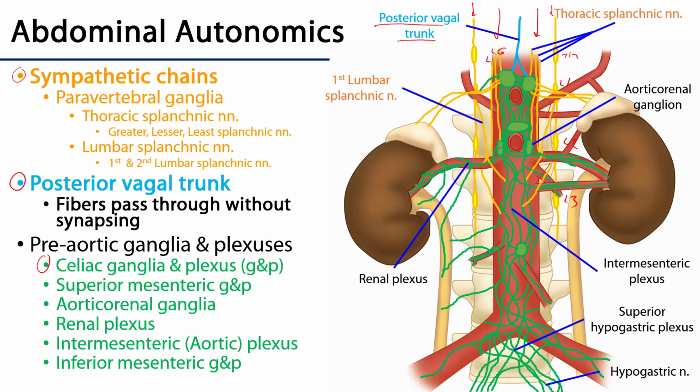We also might notice that these are in association with the arteries here. And so we can see as we come down branches of the abdominal aorta. So for instance, this is the celiac trunk, and then we have the superior mesenteric artery, and then we have the renal arteries on either side of that.